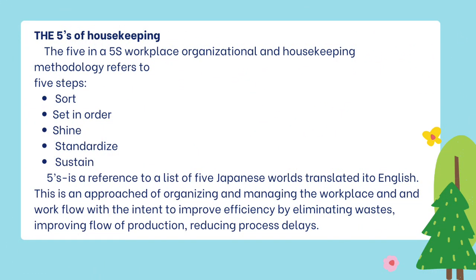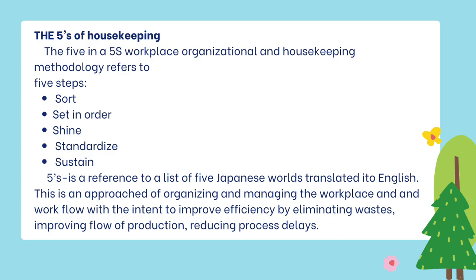The 5S of housekeeping. The 5 in a 5S workplace organizational and housekeeping methodology refers to 5 steps: sort, set in order, shine, standardize, and sustain. 5S is a reference to a list of 5 Japanese words translated into English.